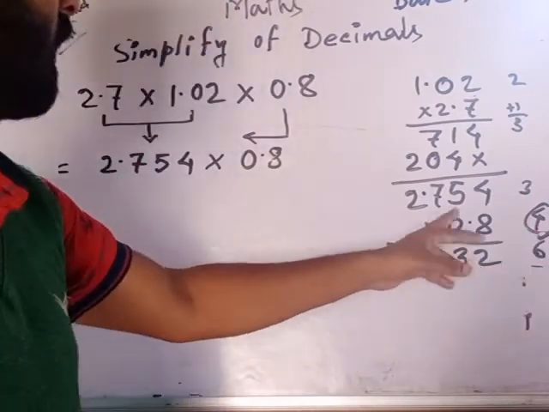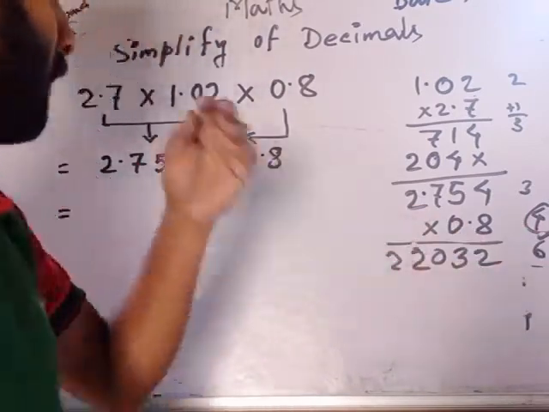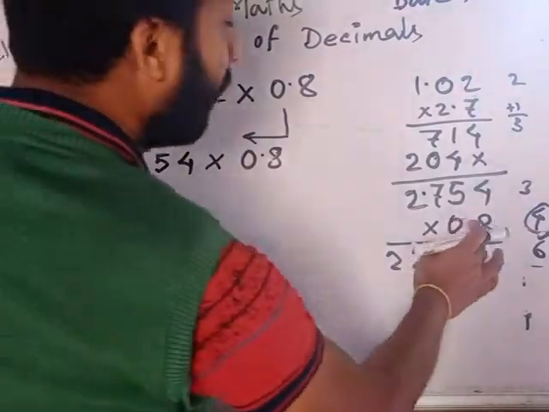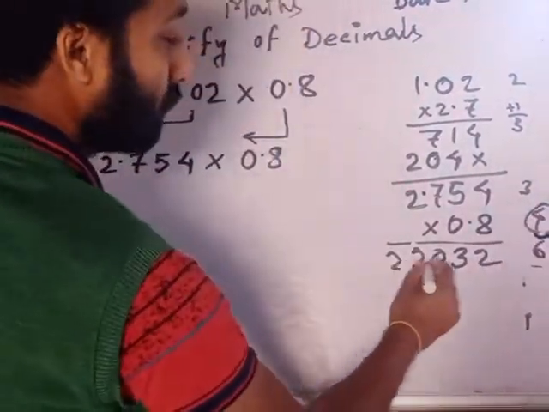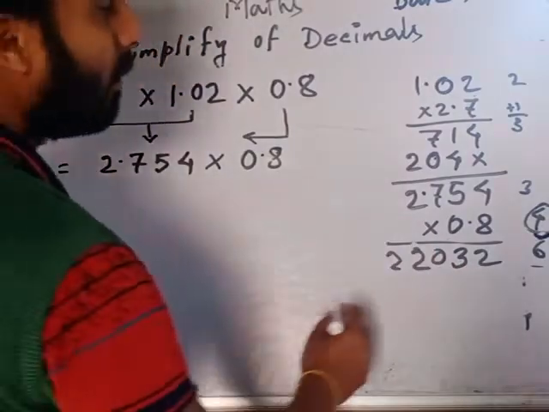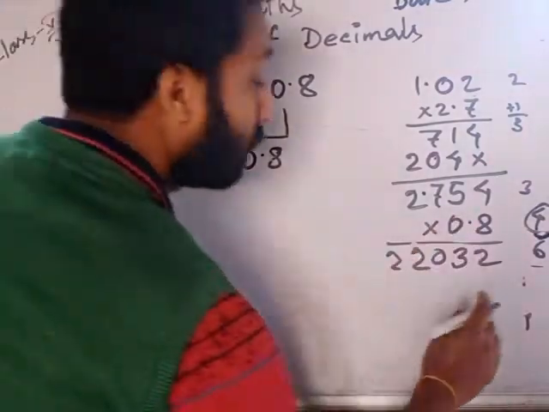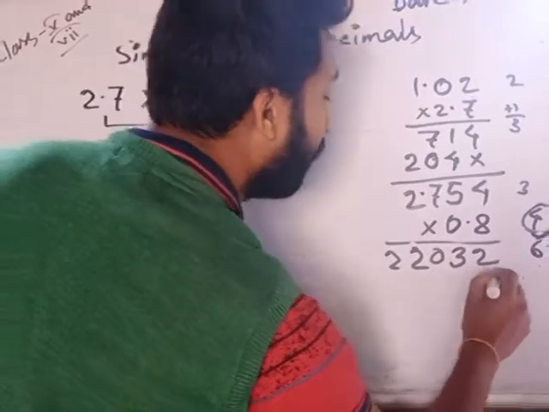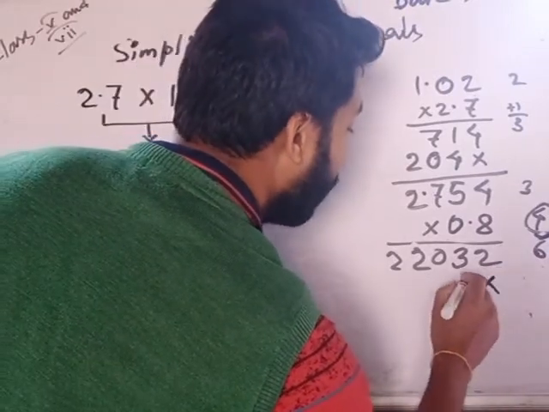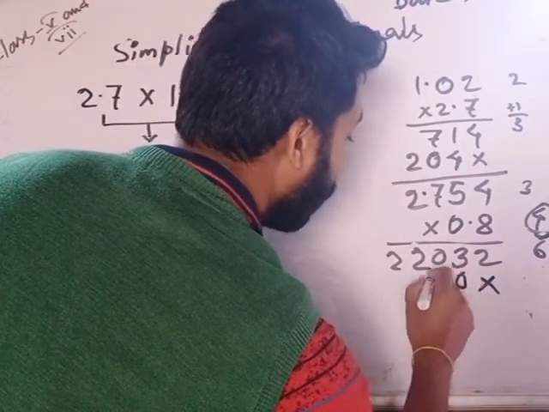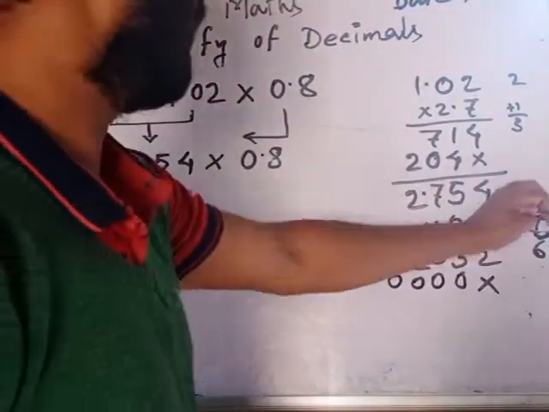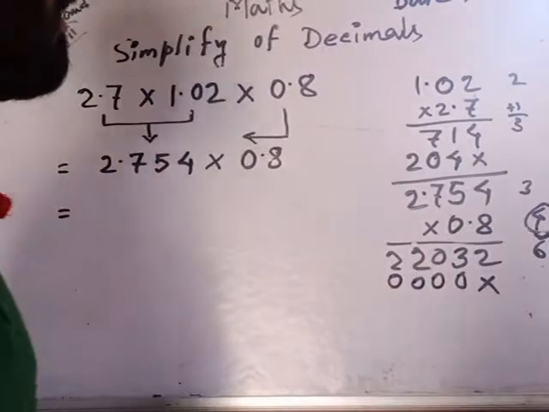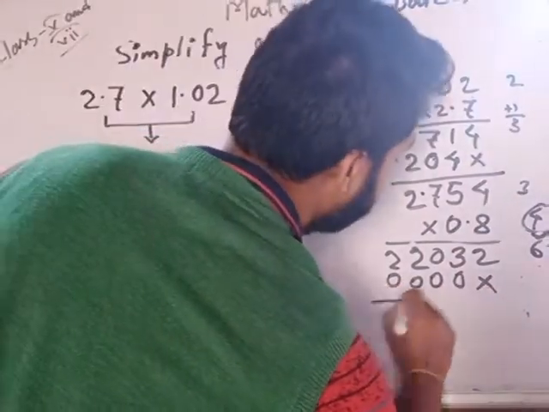And 6 carries in the next left. 8 2s are 16 plus 6, that is 22. So we should write here 22. If it is 0, you need not write it, or you can write it as you wish. Because if you multiply any number with 0, you get the result 0.